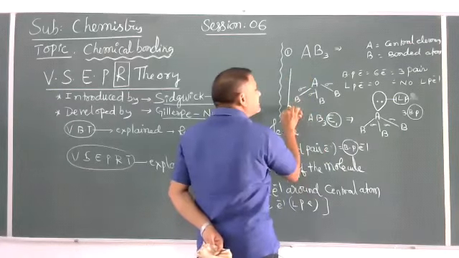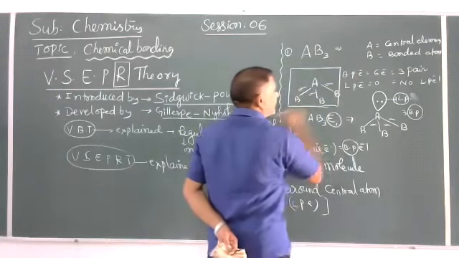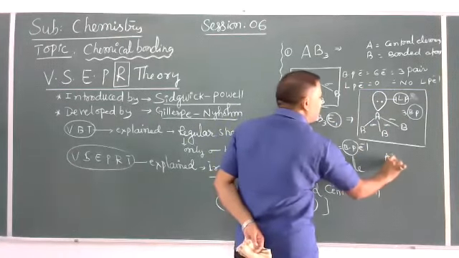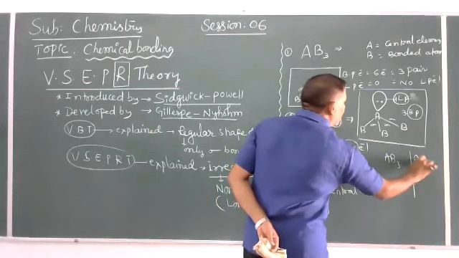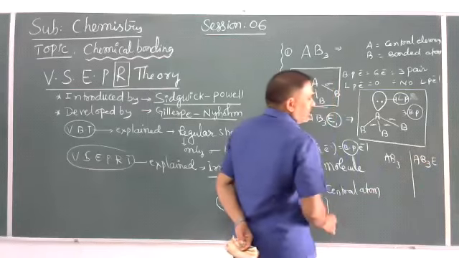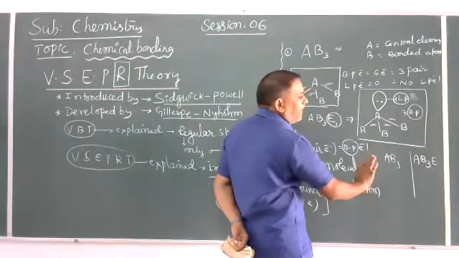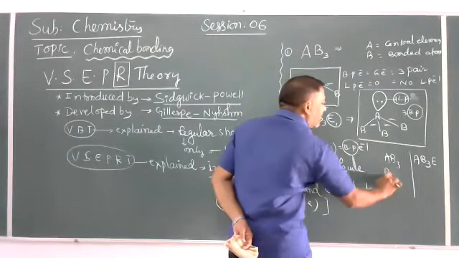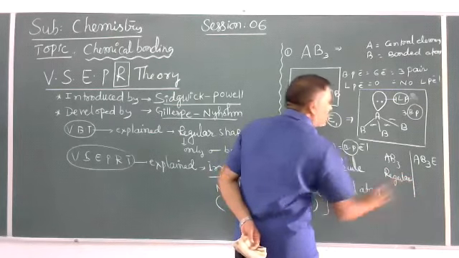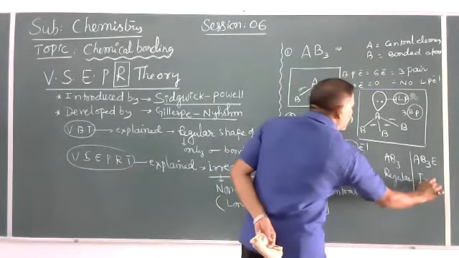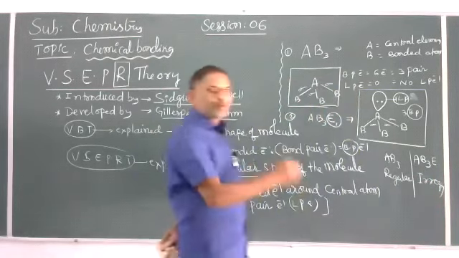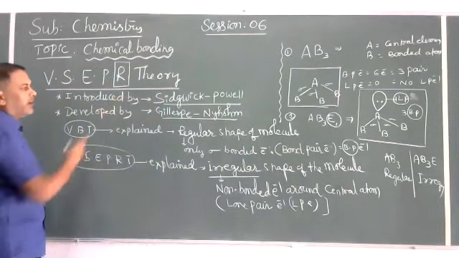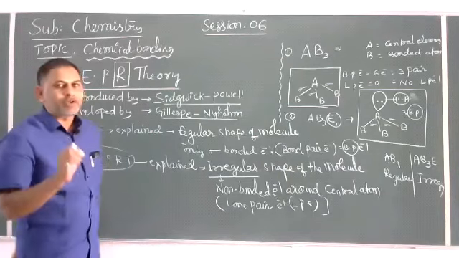Comparing these two examples, AB3 and AB3E, both have the same hybridization. I'll explain that hybridization concept. One is regular in shape, the other is irregular in shape. To explain that regular and irregular shape, this theory by these four people introduced some important postulates.